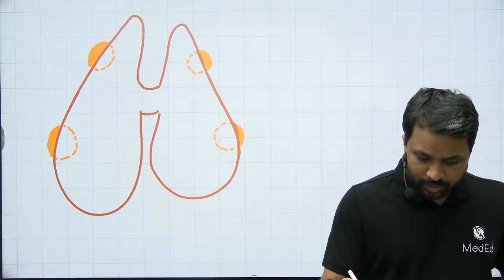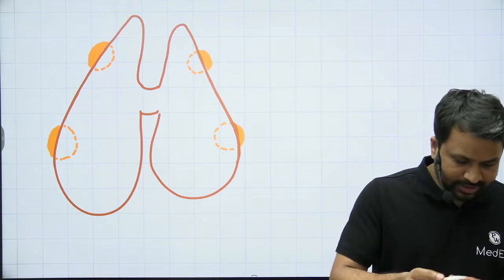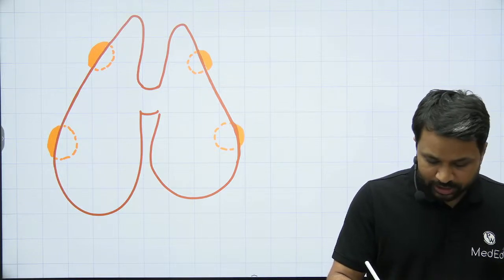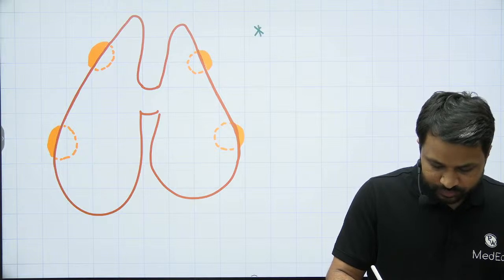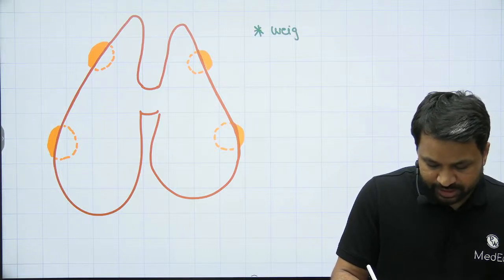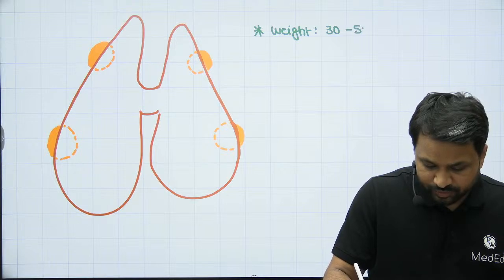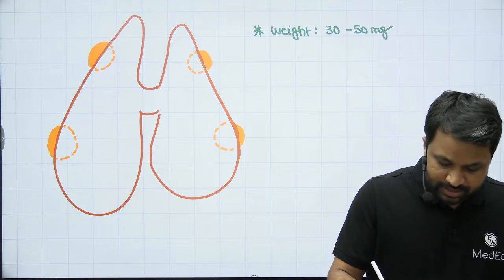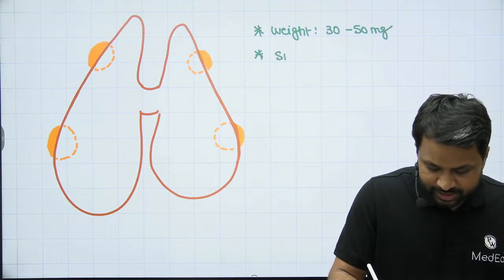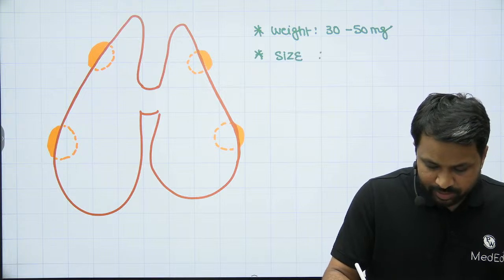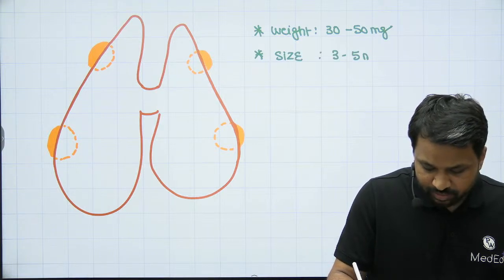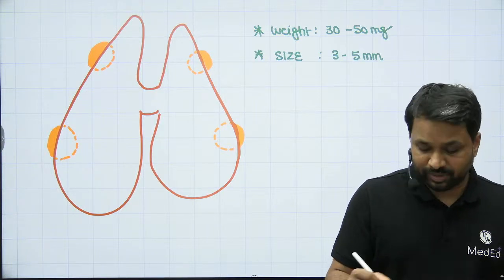Now, when you talk about their important properties, the first thing to know is that the weight of each parathyroid gland will be anywhere between 30 to 50 milligrams, right? Second, the size of each parathyroid gland will be between 3 to 5 millimeters.